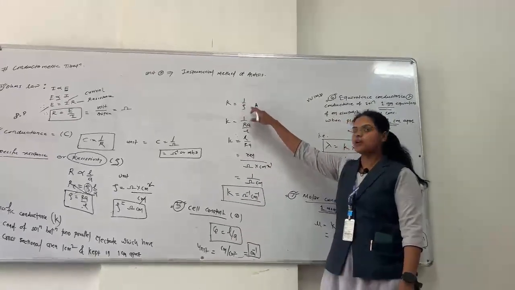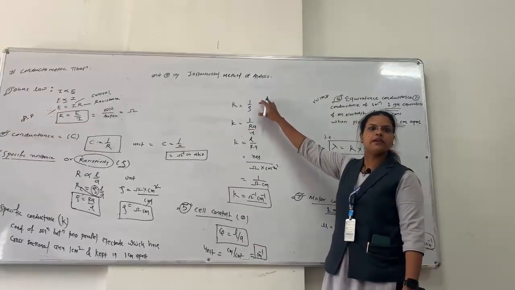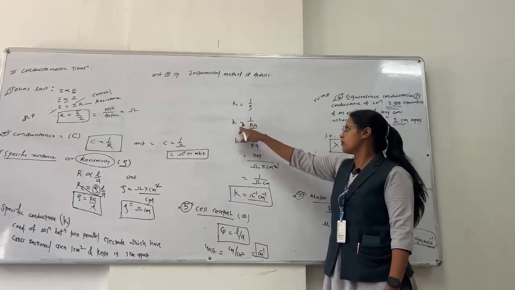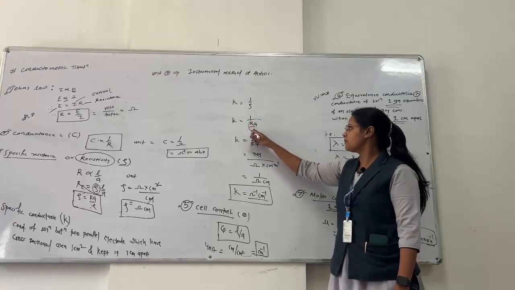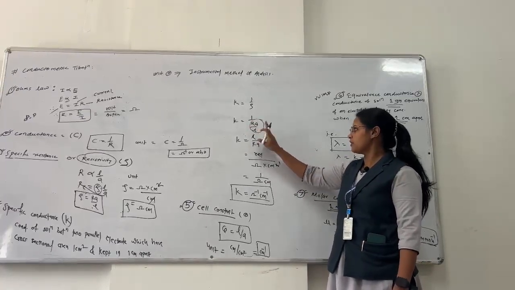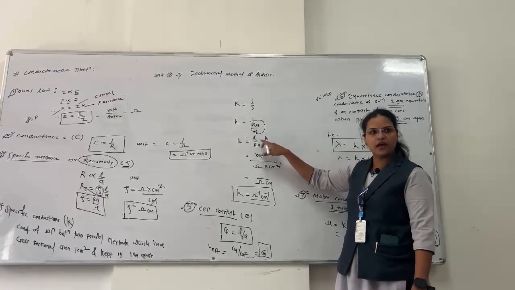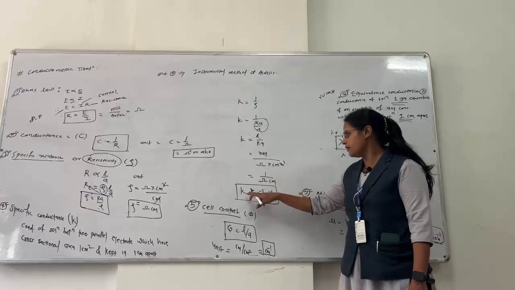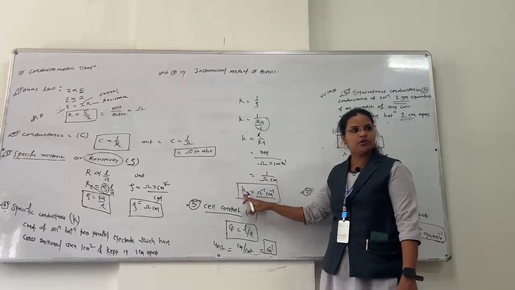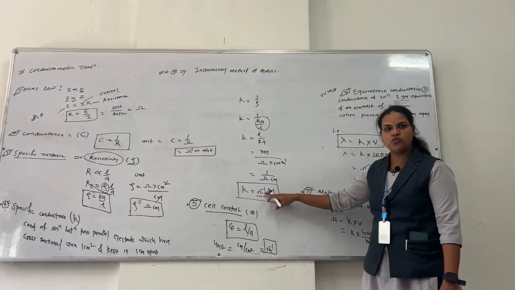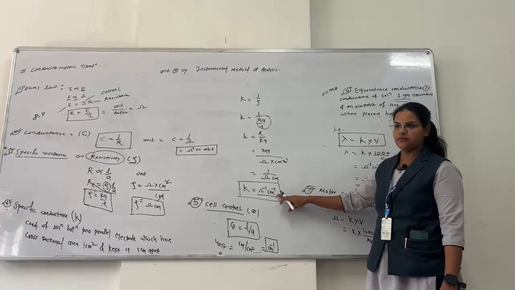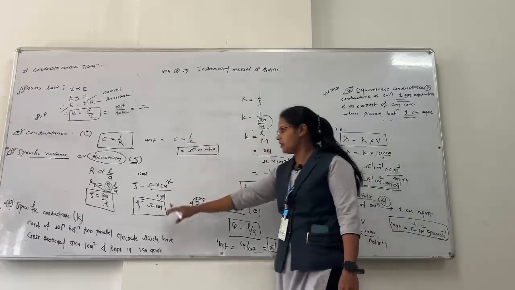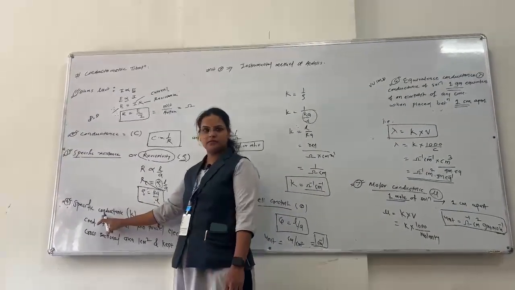So K is equal to 1 upon rho. I just have to put the value of rho in the equation. So K is equal to L upon RA. You get the unit of specific conductance as ohm raised to minus 1 per centimeter. That is the unit related with the specific conductance.